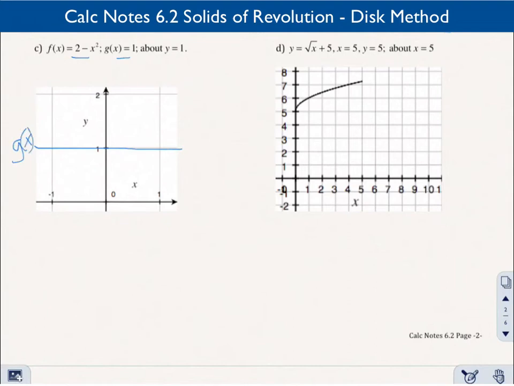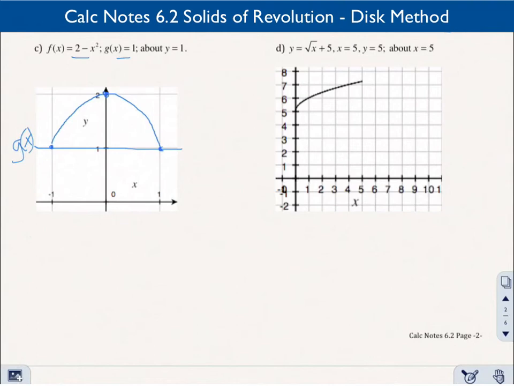And it turns out 2 minus x squared, if I plug negative 1 in there, negative 1 squared is 1, 2 minus 1 is 1, so I get this point here. If I plug in 0, then I would get 2, and if I plug in positive 1, I also get 1. And so we get this shape, a little parabola right there.